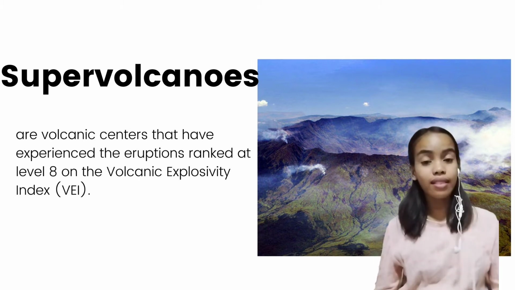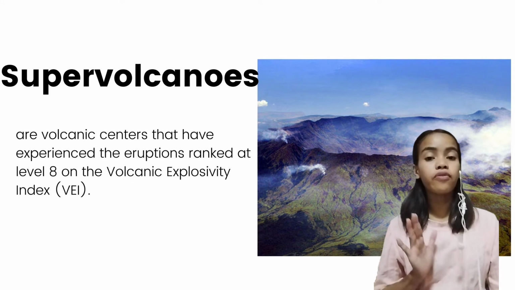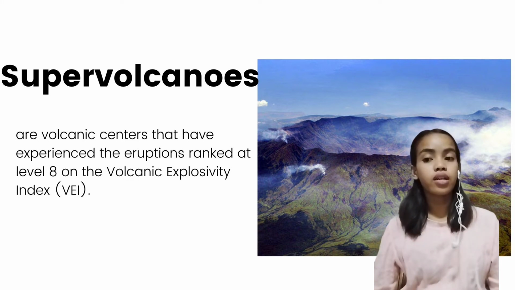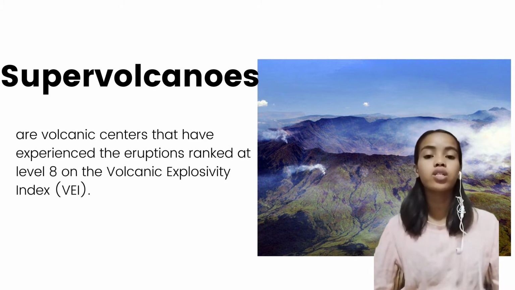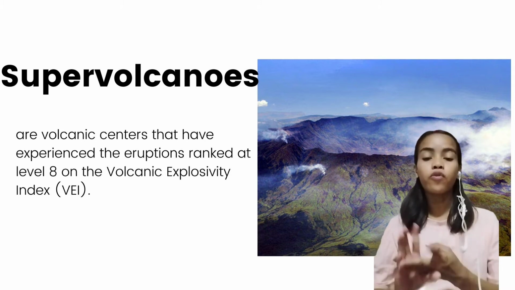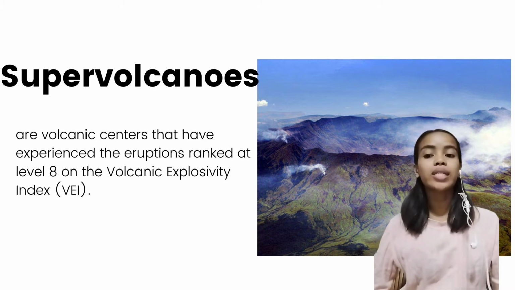Okay, so those are the other types of volcanoes. Again, the classic types of volcanoes are the cinder cone volcanoes, composite volcanoes or stratovolcanoes, shield volcano, volcanic dome, maars and tuff rings.